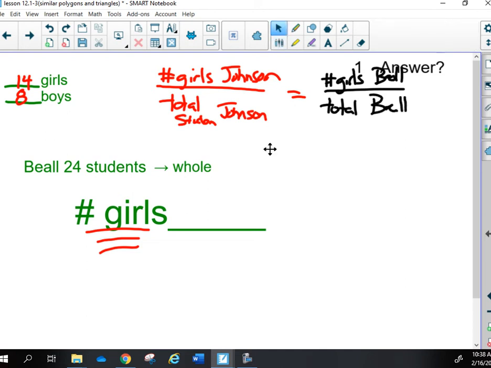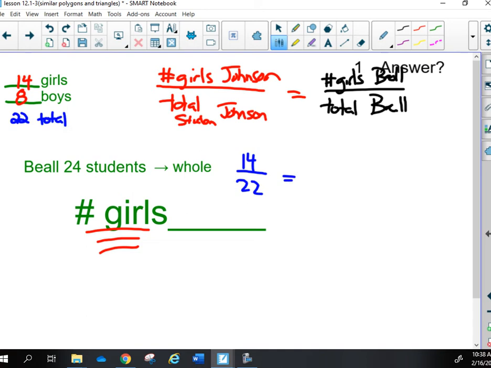When you're doing this, I don't want any decimal answers in this unit. Similarity is all about fractions and proportions. We haven't done any decimals anyway, so it shouldn't be too new. What I'm expecting of you: I have 14 out of a total of 22 students in this class.